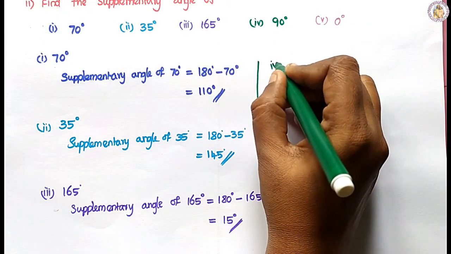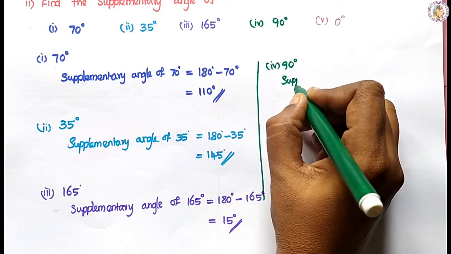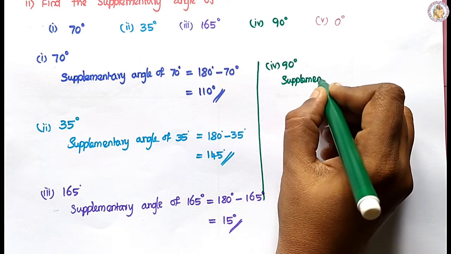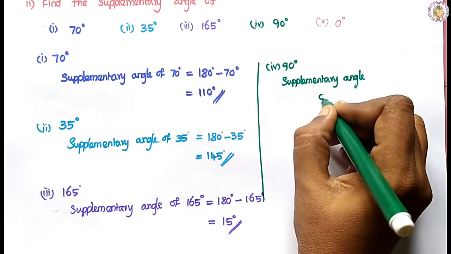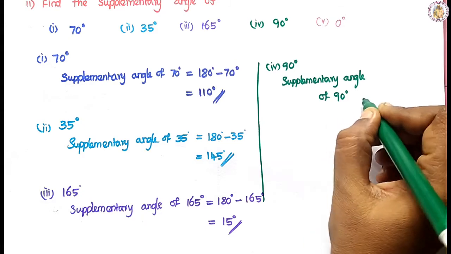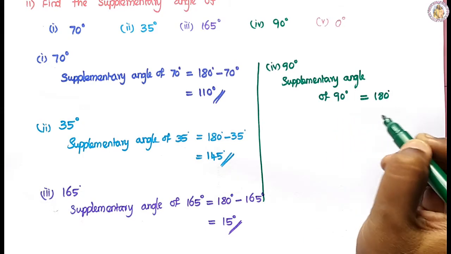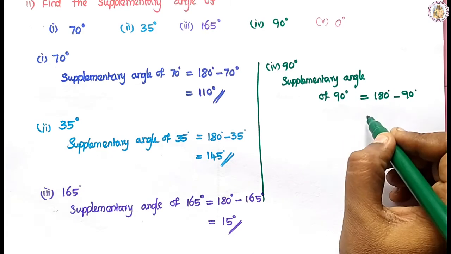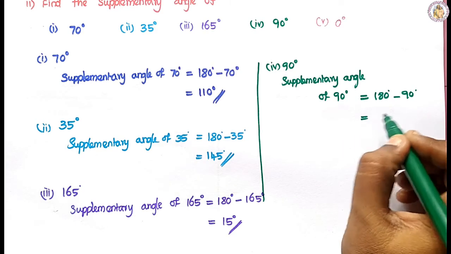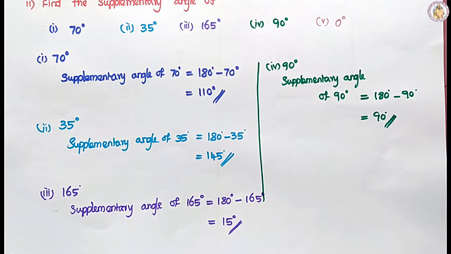Next one, 90 degree. Supplementary angle of 90 degree, 180 minus given degree. What is that? 90 degree. So 180 minus 90, 90 degree. That is the answer.